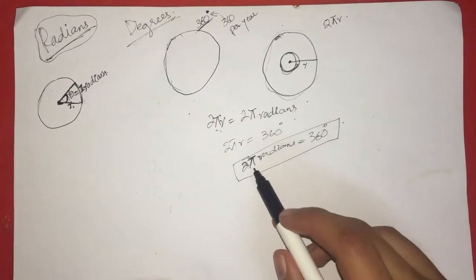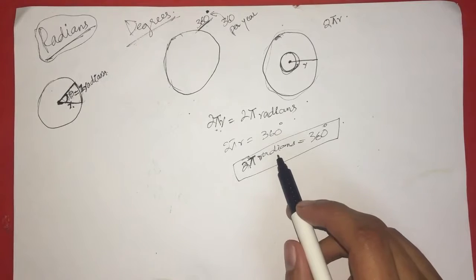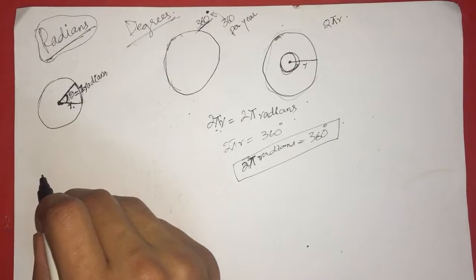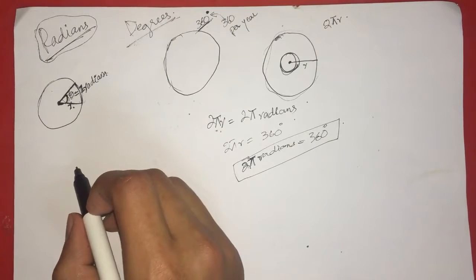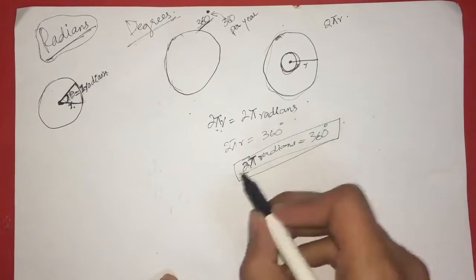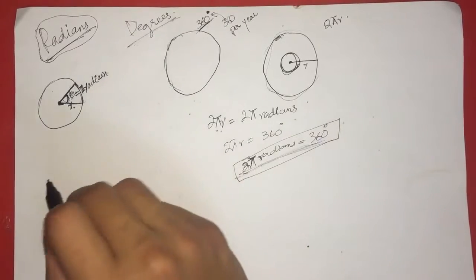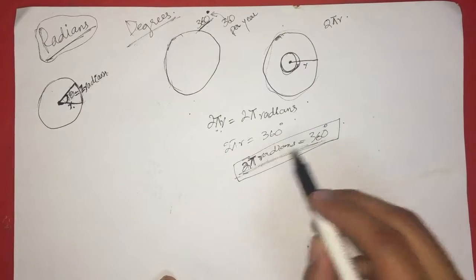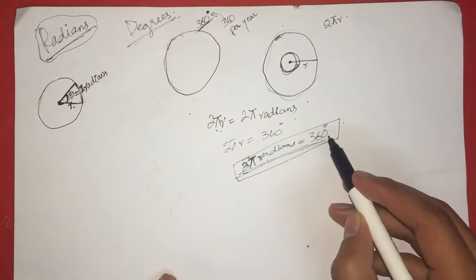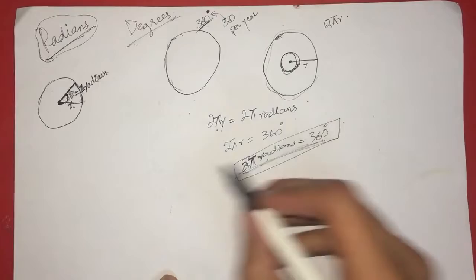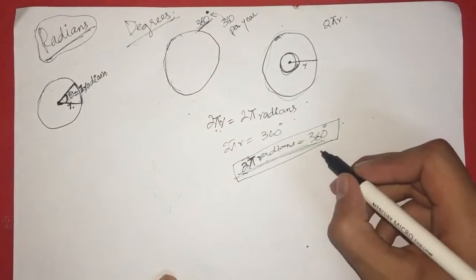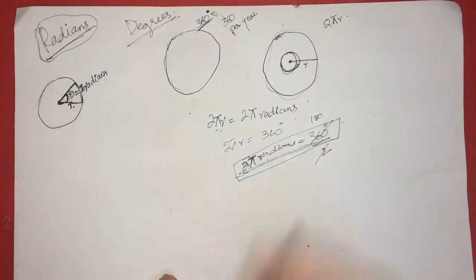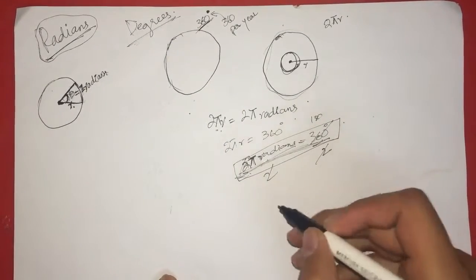Let me solve this and give you some examples. If I want to convert this into 180 degrees, which is half of it, I divide by 2, and it gives me 180 degrees, and pi radians.